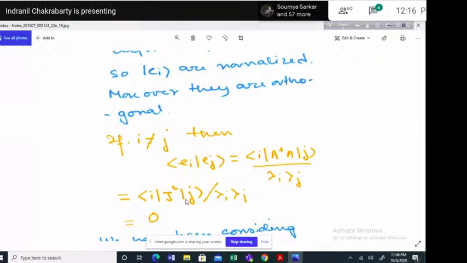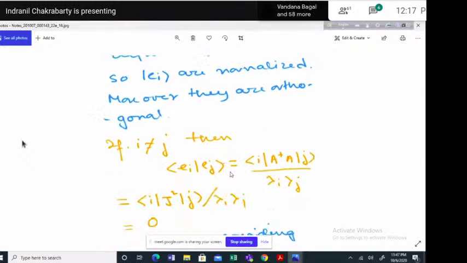Now, since e_i is normalized, we can also check that it is not only normalized but also an orthogonal set of vectors. If you take e_i and e_j and take the inner product between them, this will come out to be 0 if i is not equal to j.